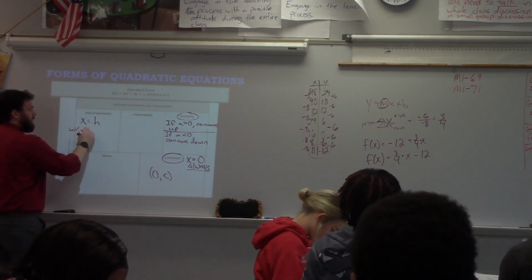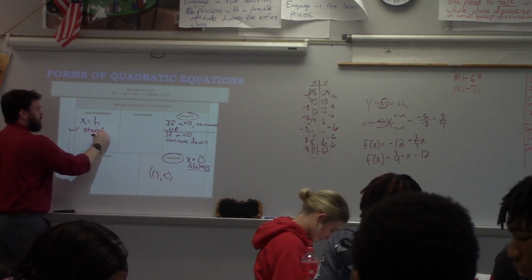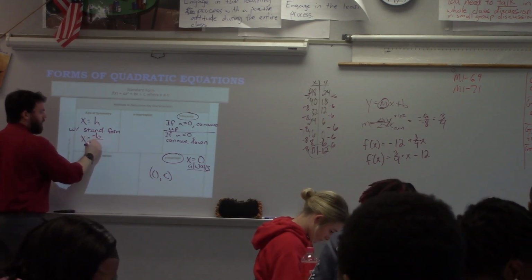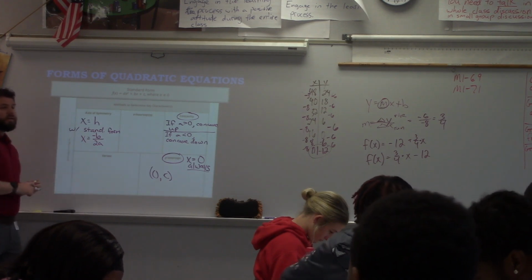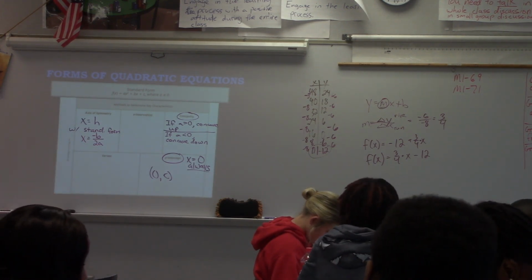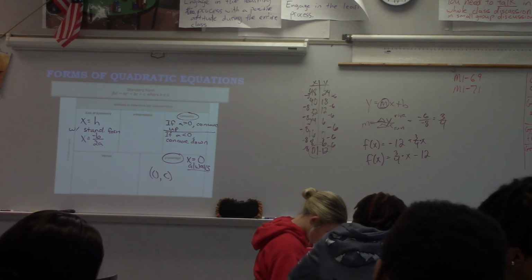So remember, with standard form, that H, it is the opposite of B divided by 2A. H is the opposite of B divided by 2A. That is the axis of symmetry, right?